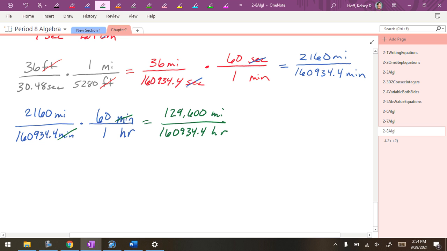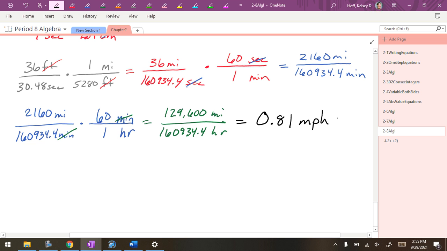And last but not least, now that we have everything matched up, we're going to divide to get 0.8. Did you round? Does the decimal fill the whole screen? It does? Okay. 0.81 miles per hour. I was going to tell you not to round, but if it fills the whole screen, then obviously we should round. That's why I asked that question.